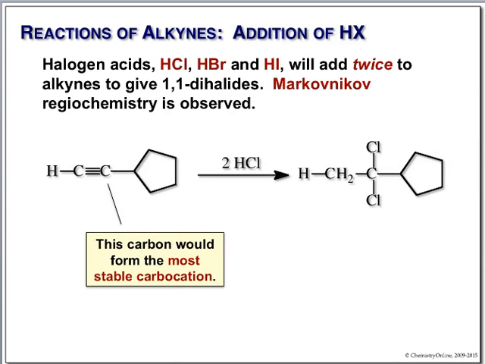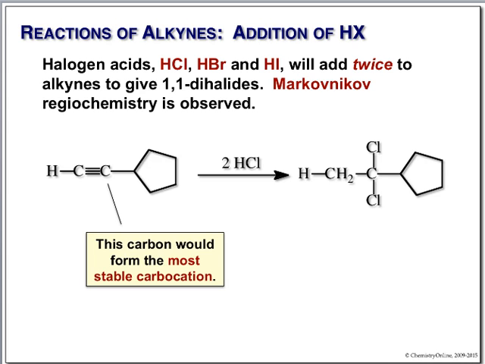All right, let's go ahead and talk about the rest of our simple addition reactions. We know that if we took HCl and added it to an alkene, we would form a chloroalkane. Well, we're going to do the same sort of thing here. We'll look at the 2 carbons of our alkyne and ask which one will form the most stable carbocation.